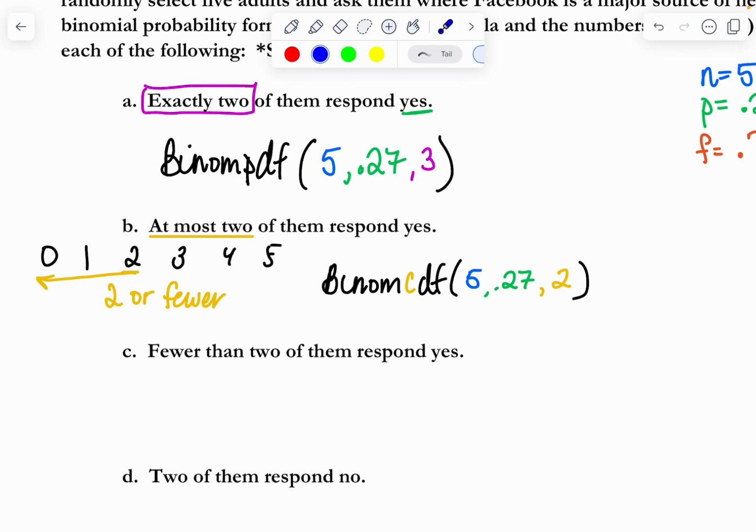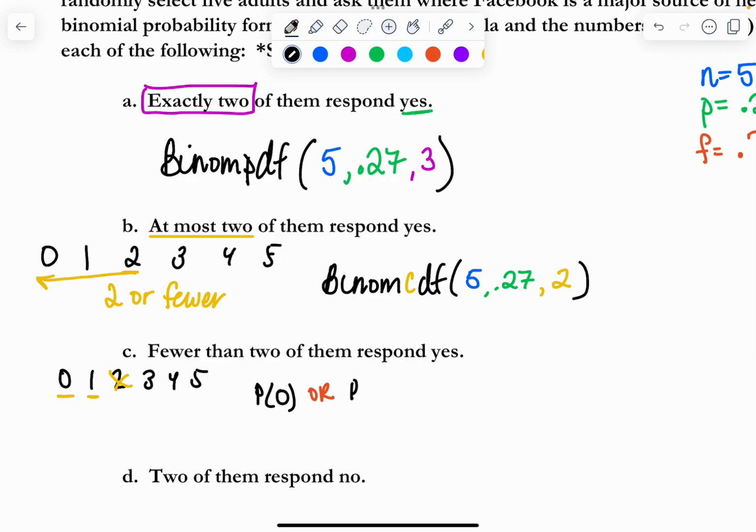Okay, keep going. Letter C says fewer than 2. So very similar to the one we just did, but this is a slight change in the verbiage. Fewer than 2 does not include 2. So we're just going to include 0 or 1. We could use binom CDF again and just change this to 1, or it's possible to just use "or" probability. So we could do the probability that 0 said yes or 1 said yes, in which case we would use binom PDF twice.